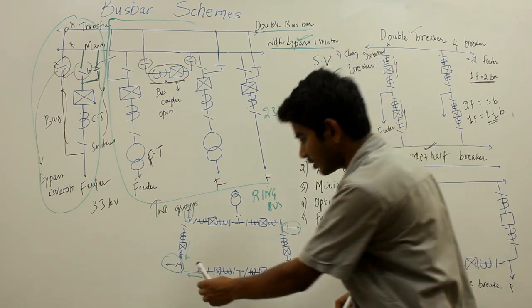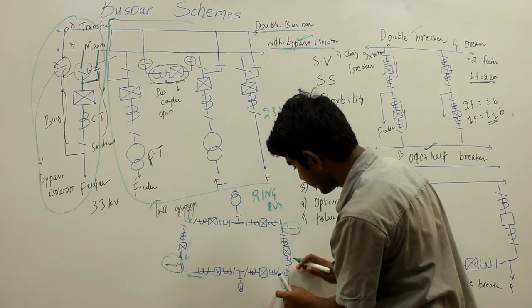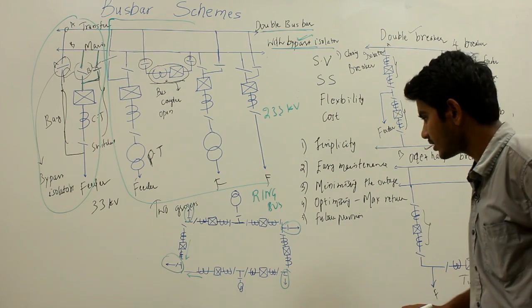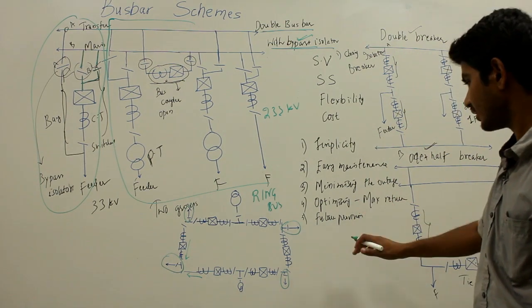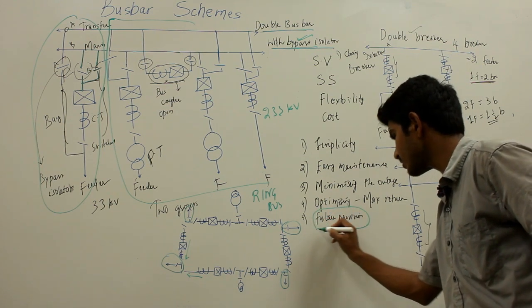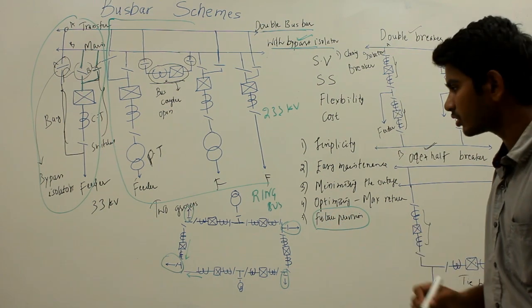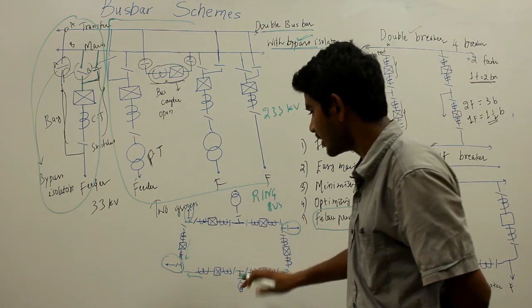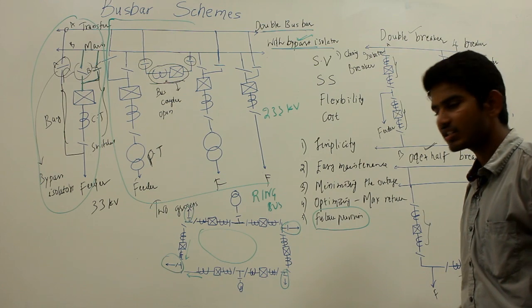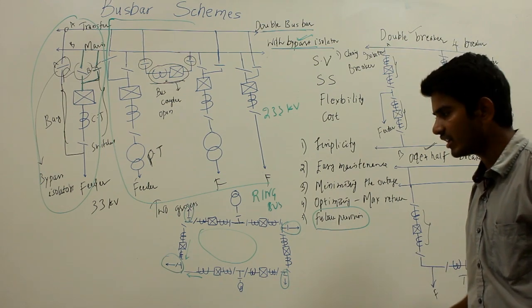So each feeder circuit is having two connections here, and the disadvantage of your ring bus system is, in the earlier part of the video we discussed that future provision of the system is required with the growth of demand, but as it is a ring bus, it is a closed connection, so future extension is not possible. That is one disadvantage.